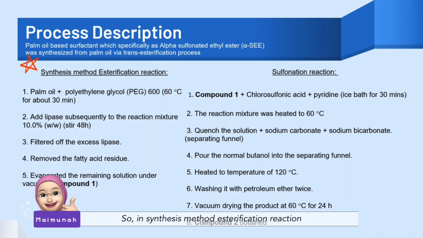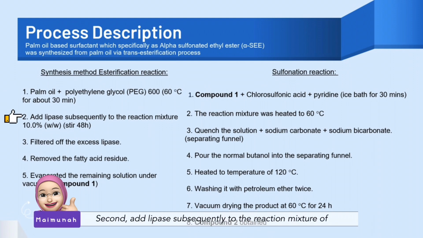In the synthesis method, esterification reactions, first we have to weigh the palm oil and polyethylene glycol 600 in stoichiometric amounts, then mix it with constant stirring, and the reaction mixture is heated at a temperature of around 60 degrees Celsius for about 30 minutes.